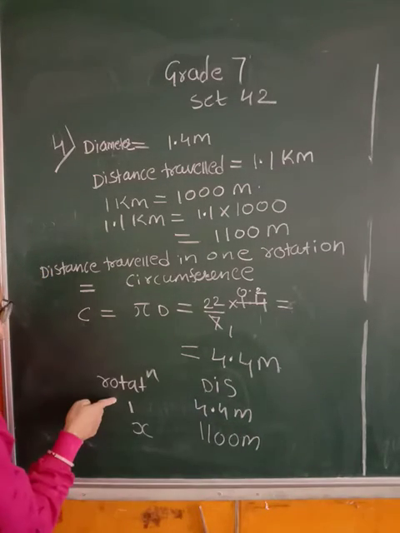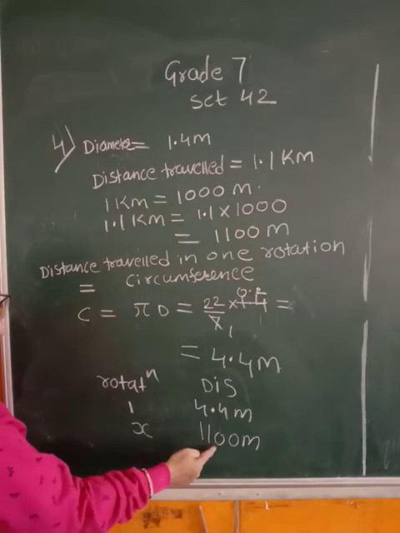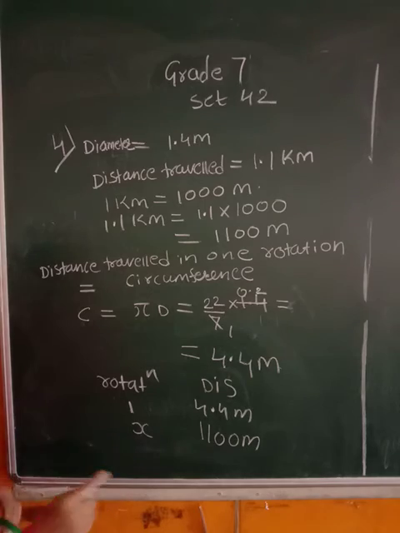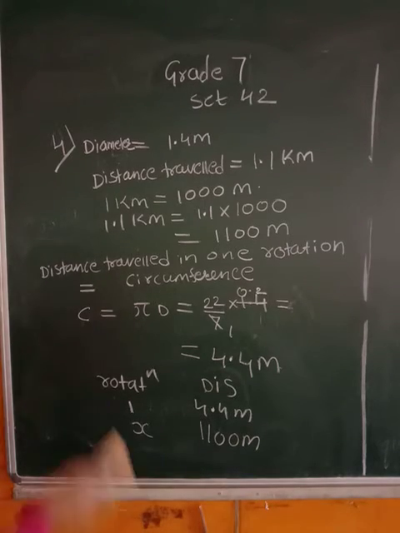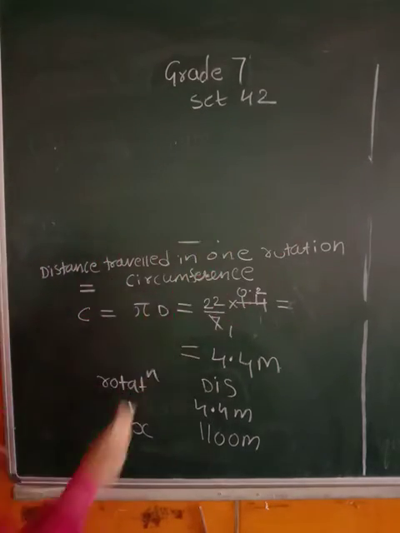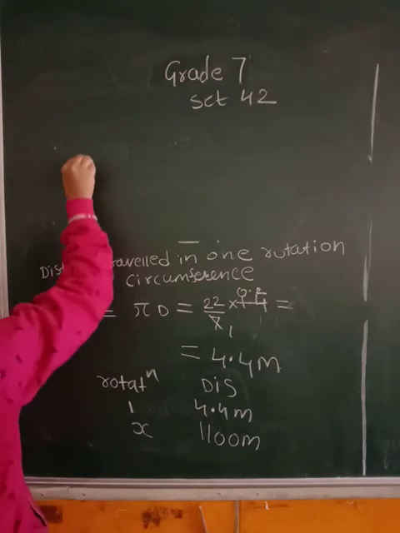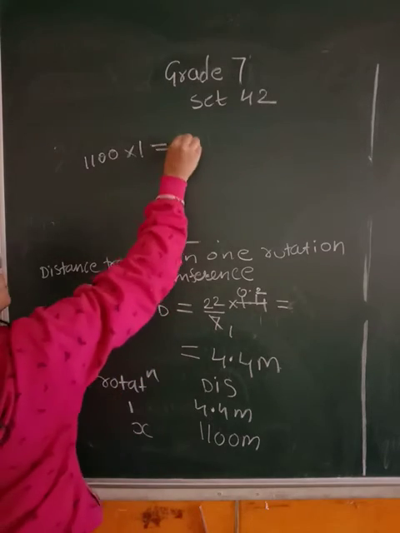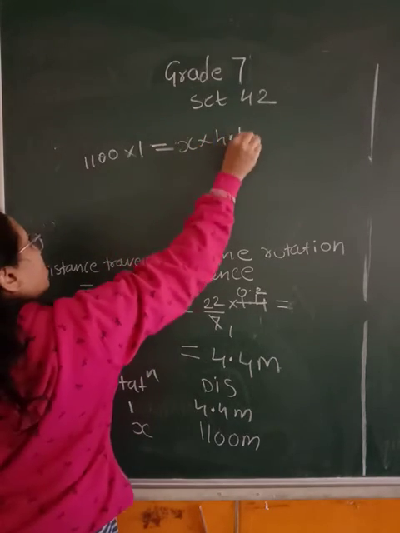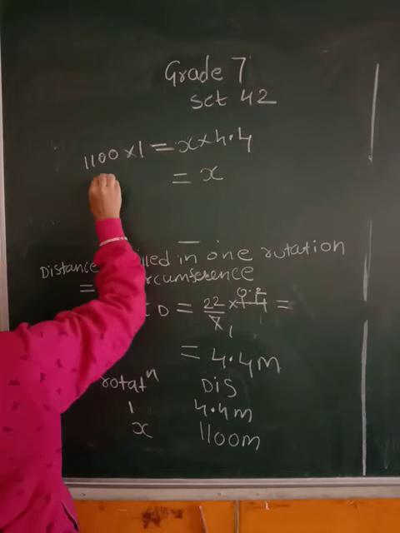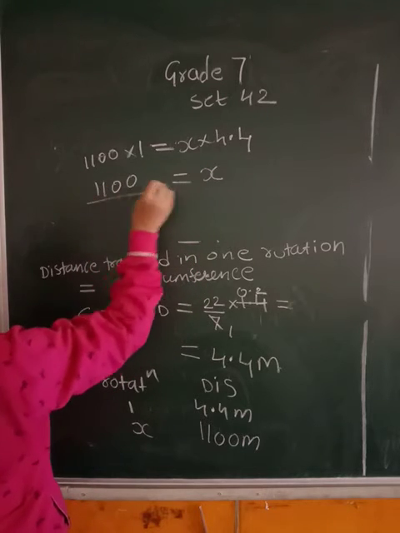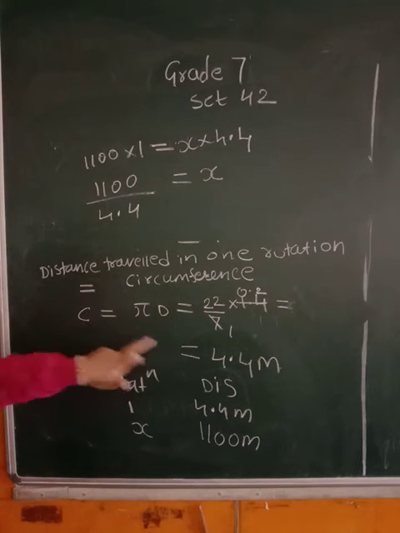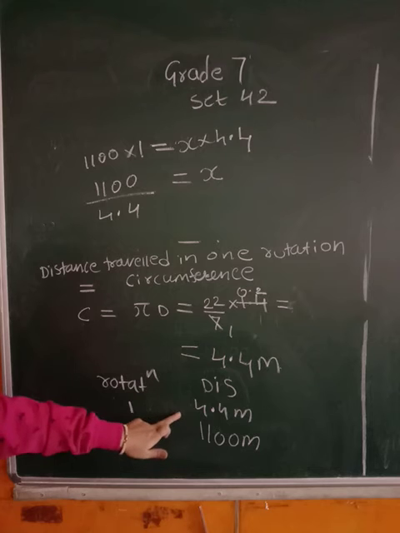If you cross multiply, 1100 into 1 is equal to x into 4.4. We want to find the value of x. So it will be 1100 upon 4.4. It is the same as total distance divided by circumference. Are you understanding me? This is how we get it.